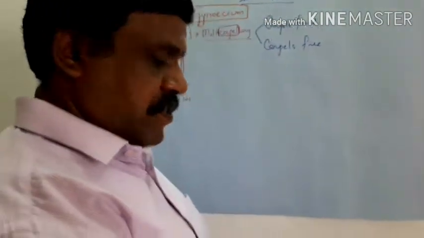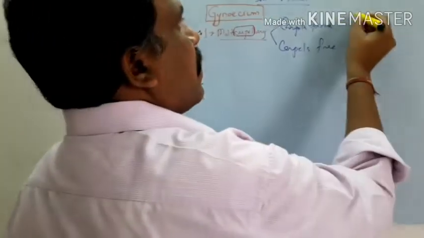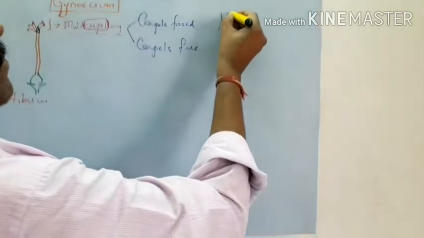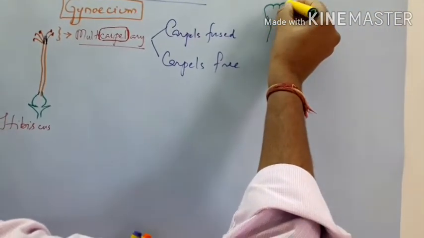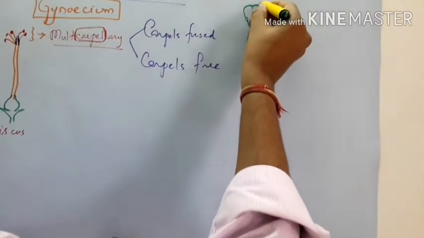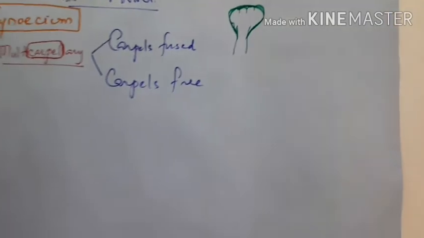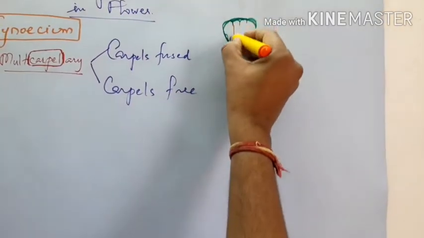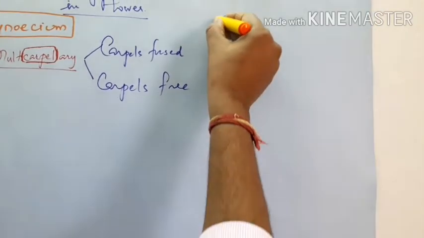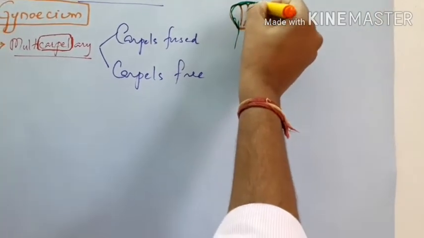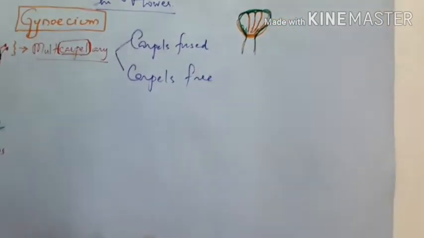Carpels are free or carpels are fused, that thing you can see like this. In this condition they are completely fused. This is the condition you find if it is fused.